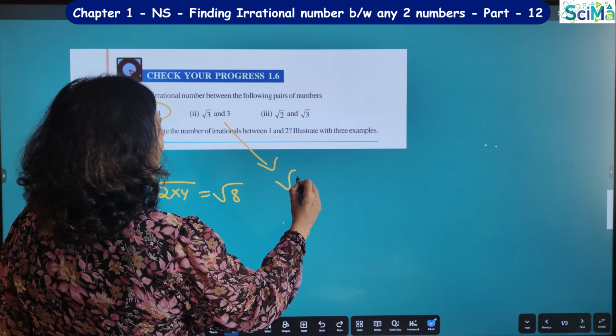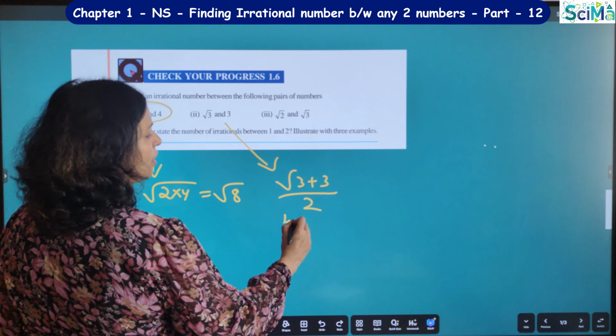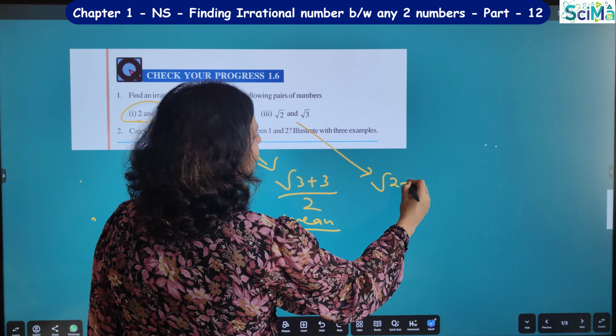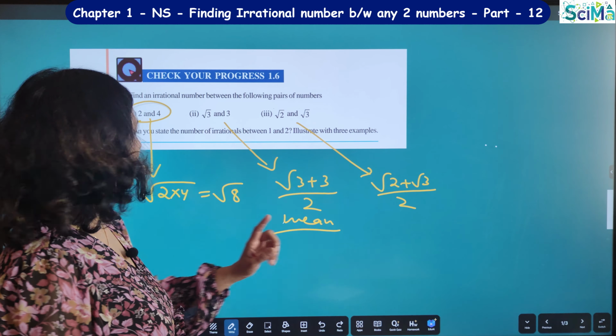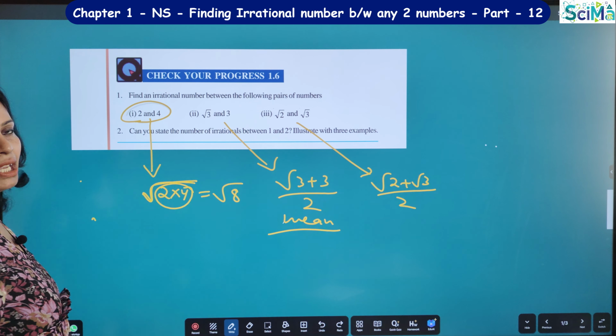Between root 3 and 3, I just now showed you, you can find the mean, (root 3 plus 3) by 2. And this also is the same method, root 2 plus root 3 by 2. So these are the two methods: the mean method, and multiplying the numbers and taking the root of that.